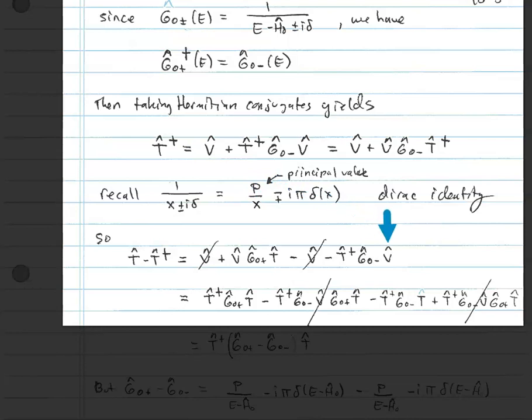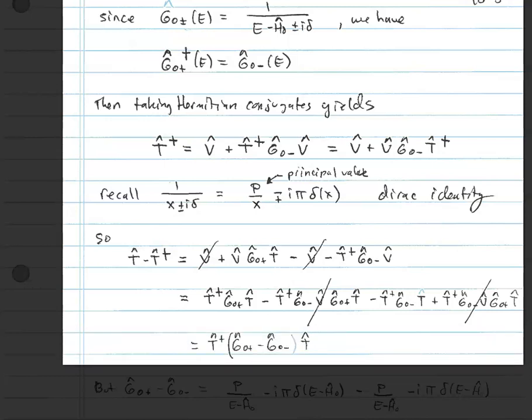I'm going to do a similar thing by replacing the v in the second term using the t equation. And there I'm going to be using v equals t minus vg0 plus t. And what is nice about this is the complicated term, the t dagger g0 minus vg0 plus t, cancels between both terms. And we're just left with a more simplified expression, which is t dagger g0 plus minus g0 minus t, because I can factor out a t dagger to the left and a t to the right.